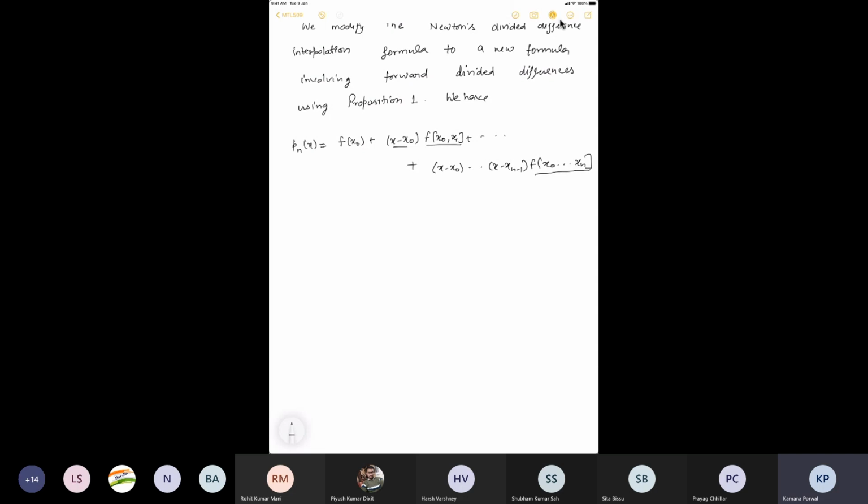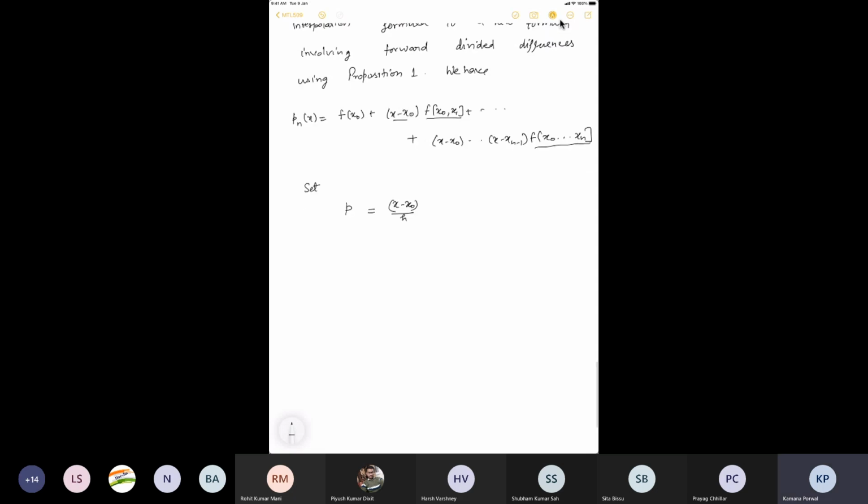So let's define: I'm taking this difference x minus x naught and dividing it by h. Let's call it p. This is what I'm going to set, where all these nodes are equally spaced.